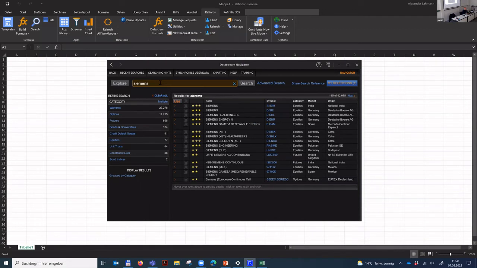This is a good example, thank you. See here at the very top, Siemens with a symbol EN, double point symbol. This means the Indian replicate on the national Indian market, so look for the D Siemens, which is the German one.